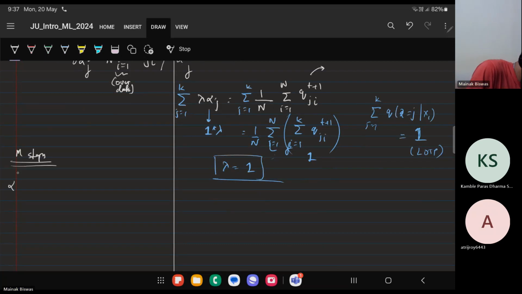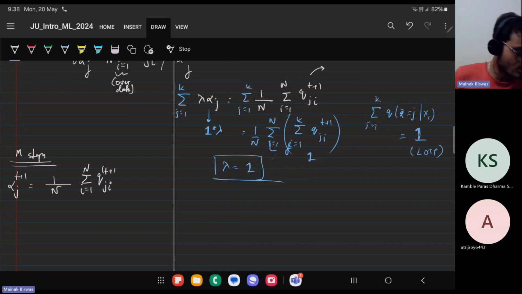So the first equation, the M step: I got alpha j at t plus 1 as 1 by n, summation of i equal to 1 to n, q ji at t plus 1, right? This is what I got. And the E step, what did I get?